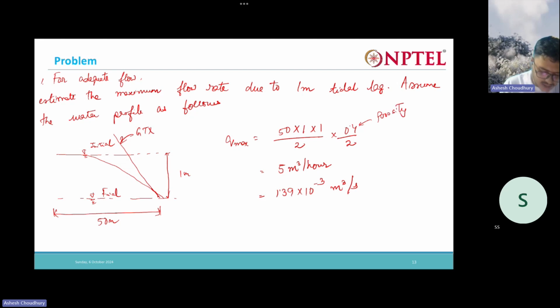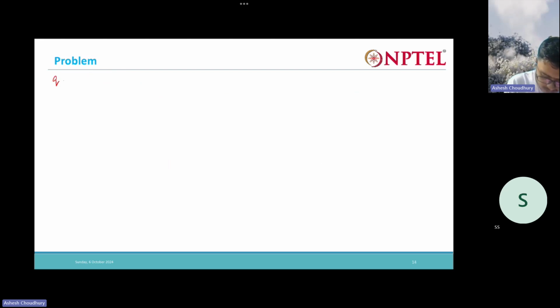So I have taken the average porosity, and then the average area. Like this we get the Q max. Next we have second inverse.